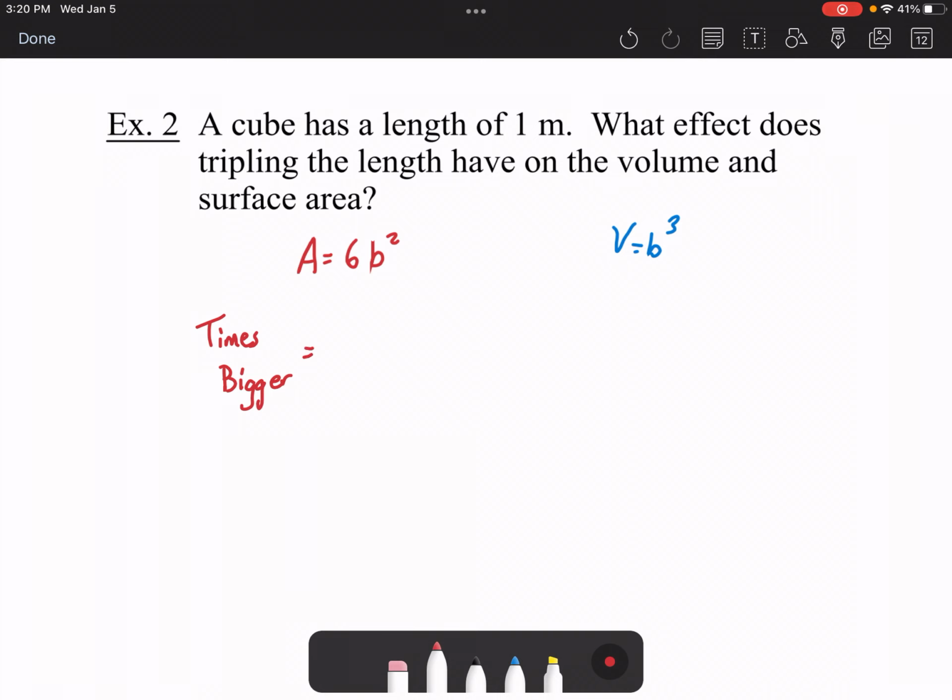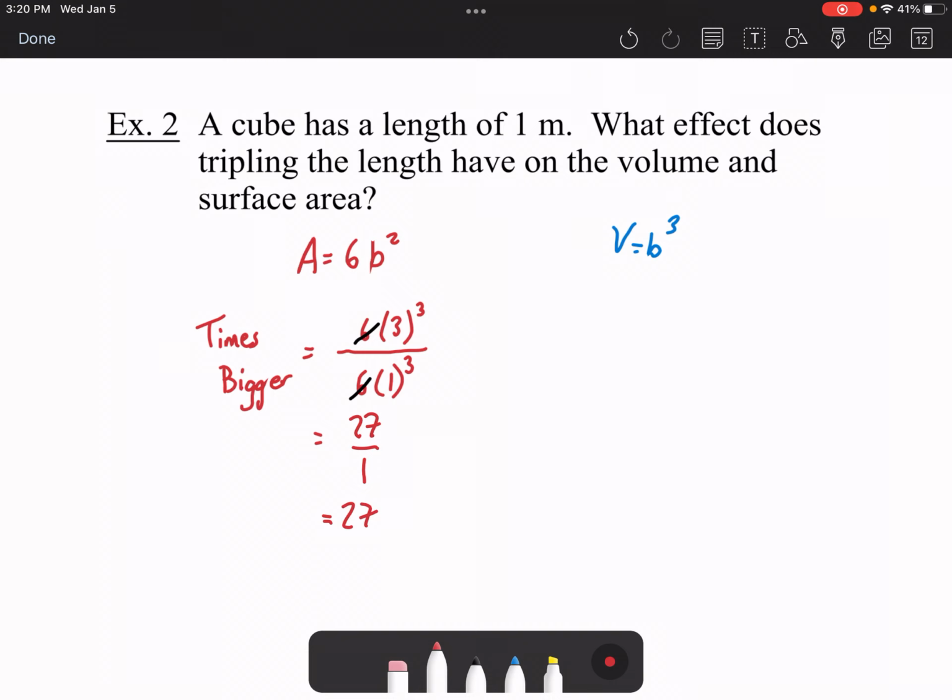Okay. So originally it's 1. Afterwards it's triple the length, so triple 1 is 3. Notice the 6's can cancel out. You're left with 27 over 1, which is 27 times bigger.